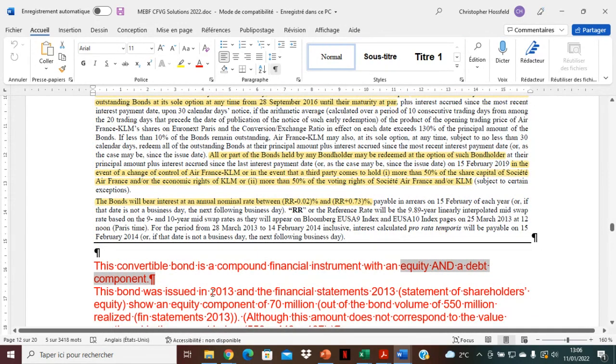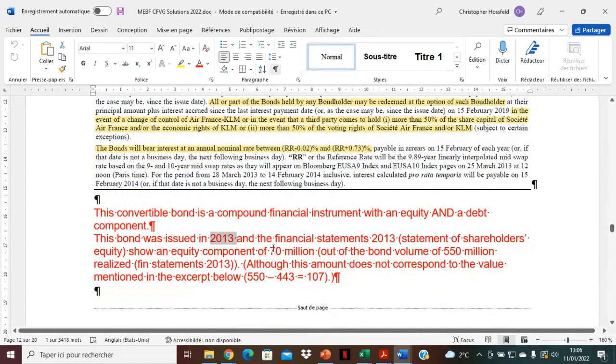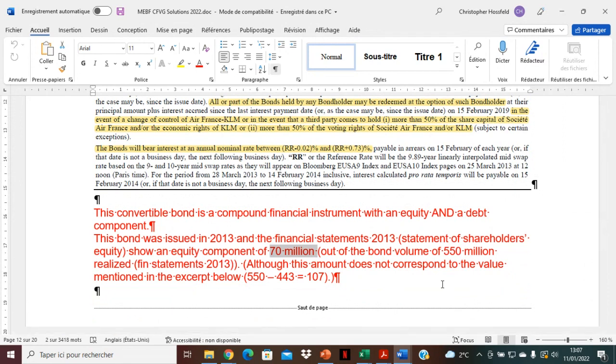And as I said before, the bond was issued in 2013. Giving the numbers, they showed originally out of a bond volume of 550 million in total, 70 million was the equity component. So 70 million in share premium and the remaining 480 million as debt. Okay.